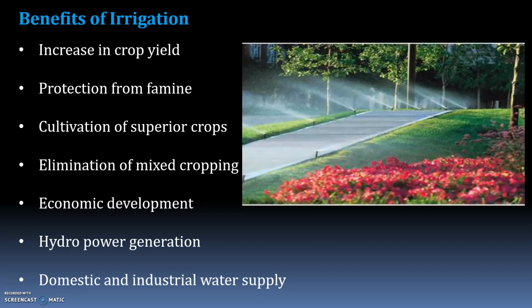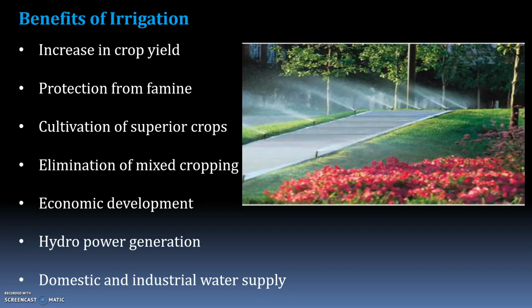The advantage of mixed cropping is that if the weather conditions are not suitable for one of the crops, it may be suitable for the others, and thus the farmer may get at least some yield from the same field.